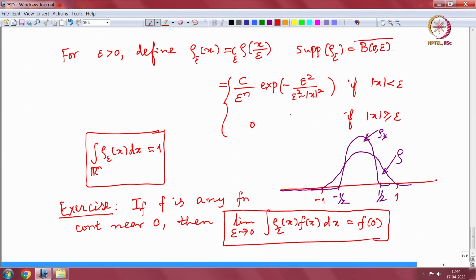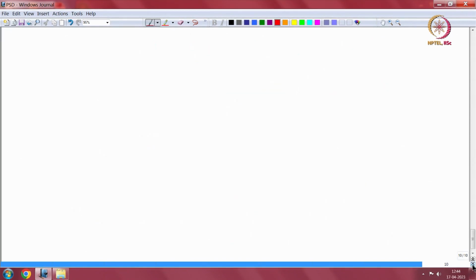Okay. And now we use these modifiers to show that C infinity functions with compact support are dense in L P. So, before that, often we require to construct test functions, which you will see in this course a lot, which have some required properties.